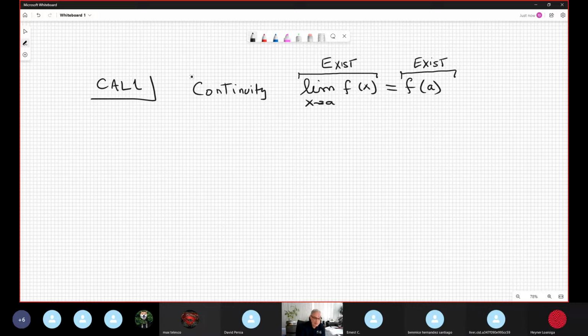And differentiability. There are two definitions of this limit. The most popular is that definition.